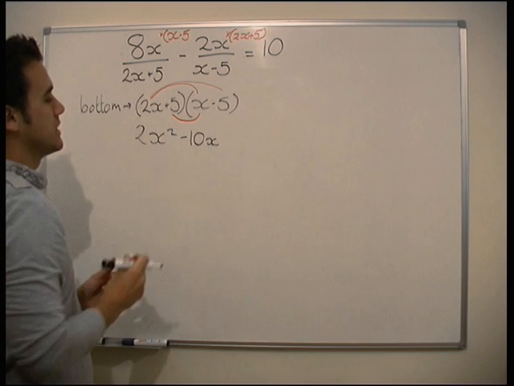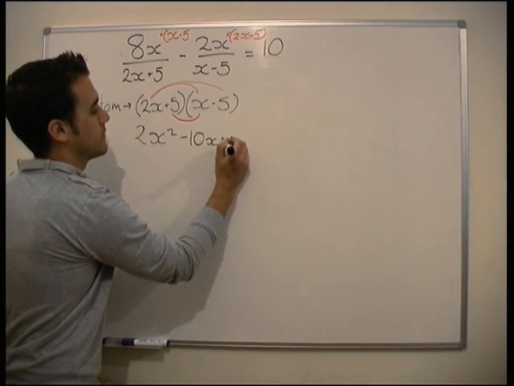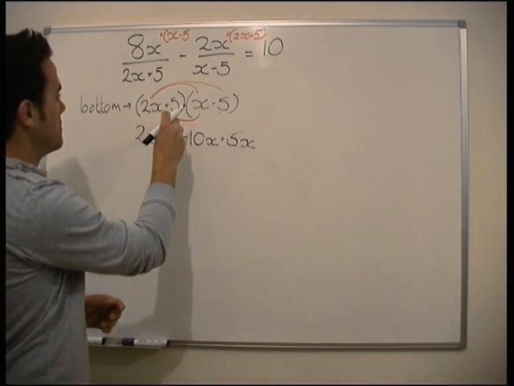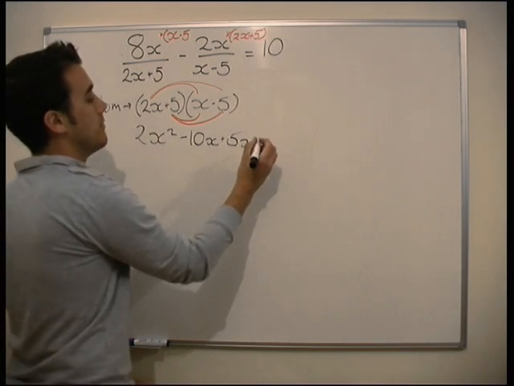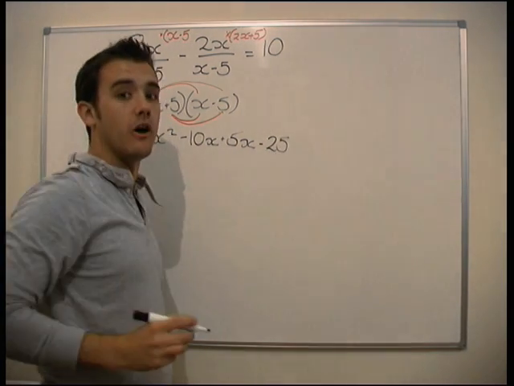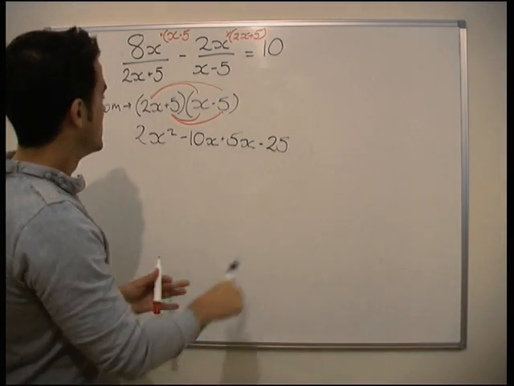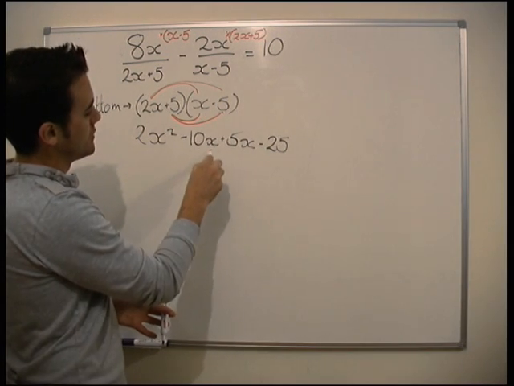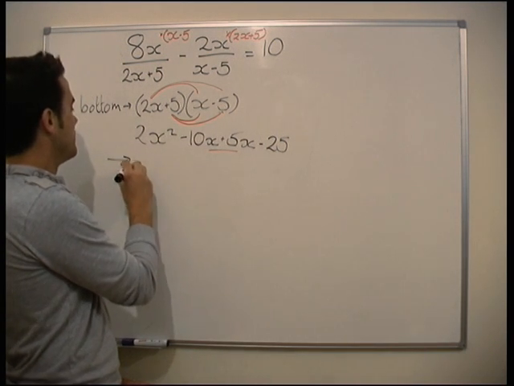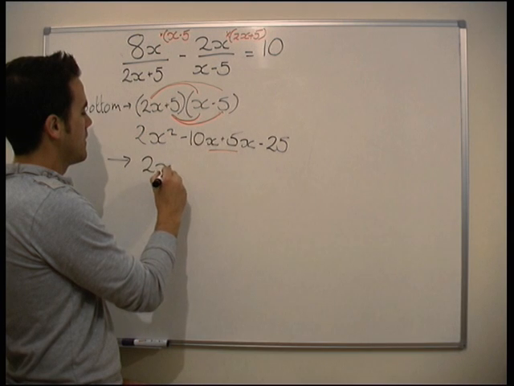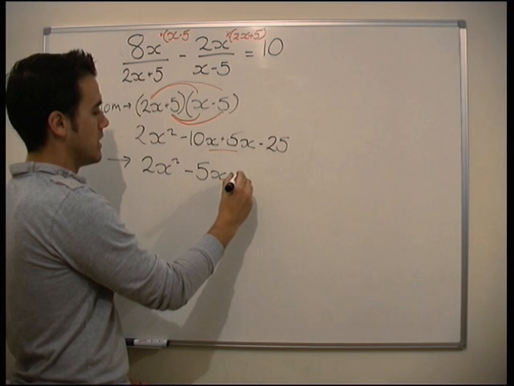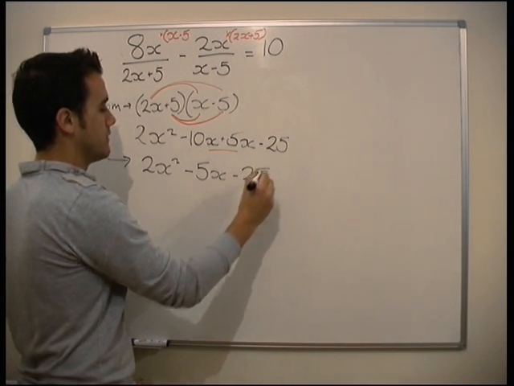Then we've got plus 5 times x, which gives us plus 5x. And we've got plus 5 times minus 5, which gives us minus 25. So we need to simplify it: minus 10 plus 5 is minus 5. So the final bottom is 2x squared minus 5x minus 25. So that's the bottom.